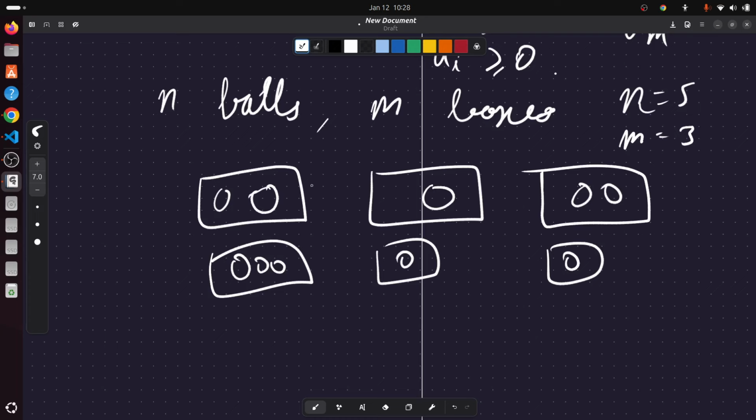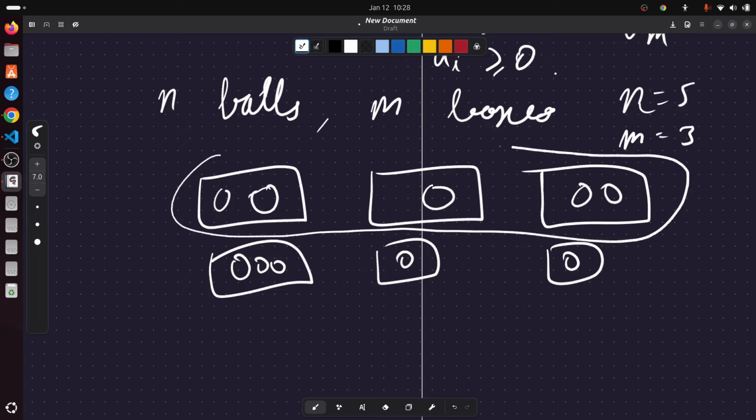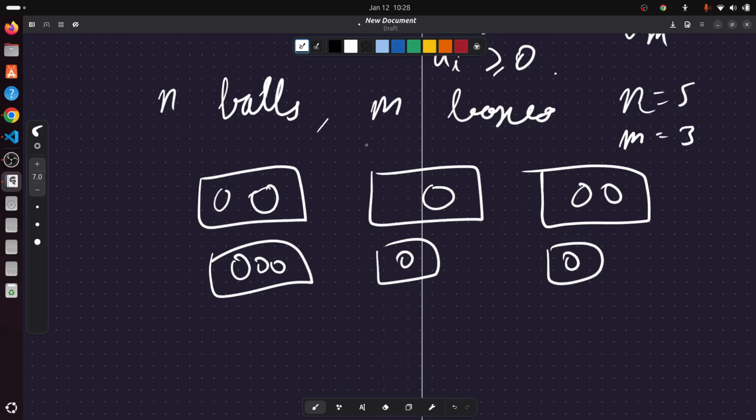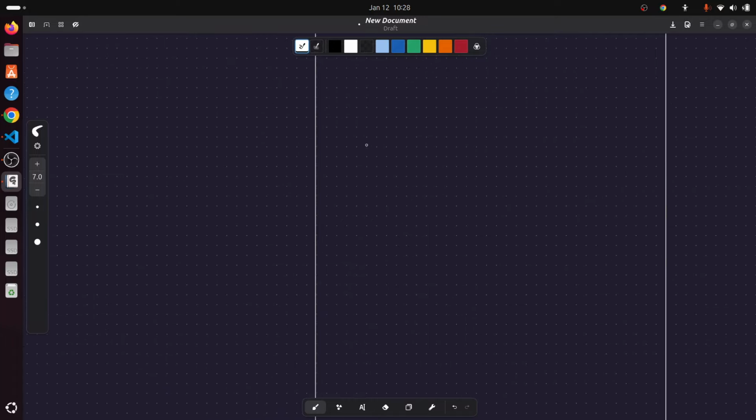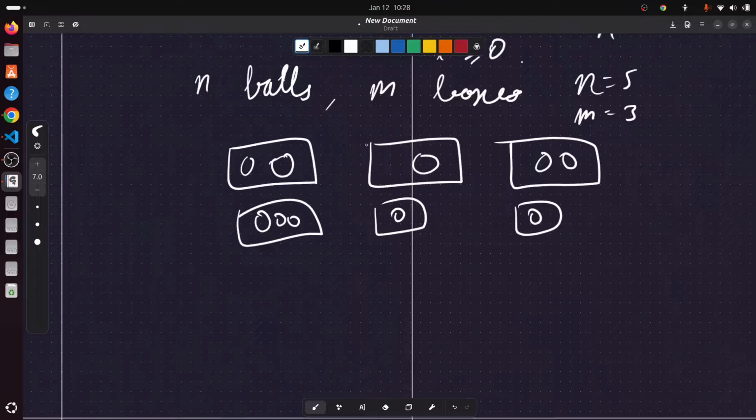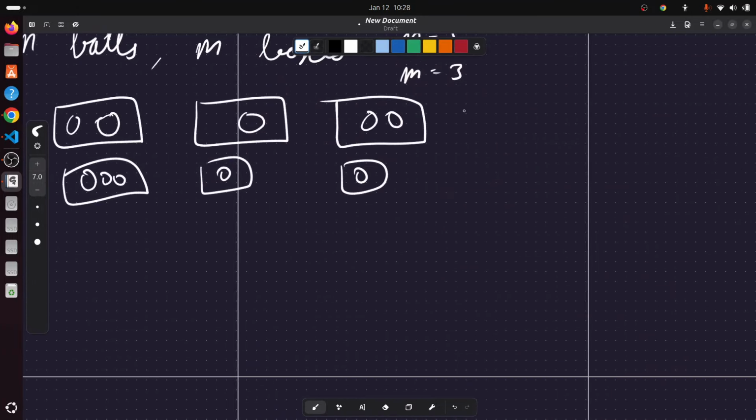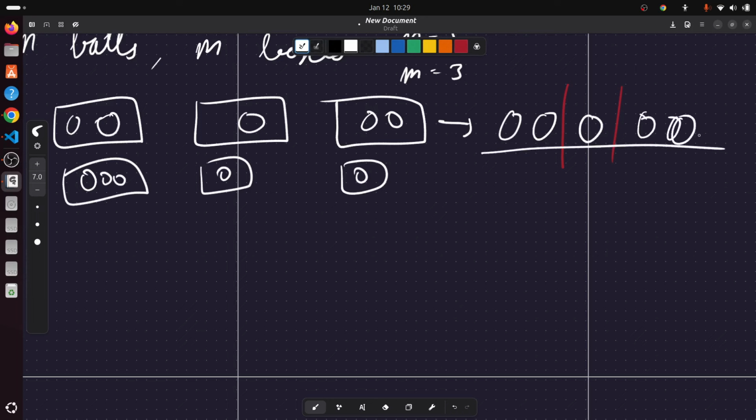Instead of drawing the diagram like this, I will draw it like there are 2 balls in the first box, then a separator, then 1 ball in the second box, then a separator, and then 2 balls in the third box. So in total 5 balls, and I have 3 boxes. This is the first box, second box, third box, right? So basically I have 2 separators for the boxes and 5 balls, right?